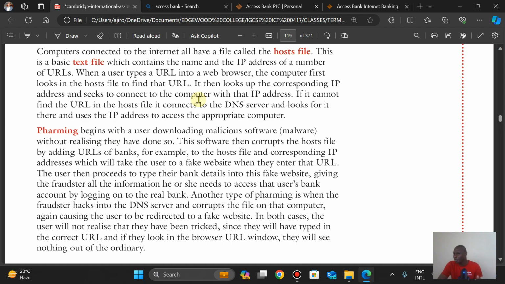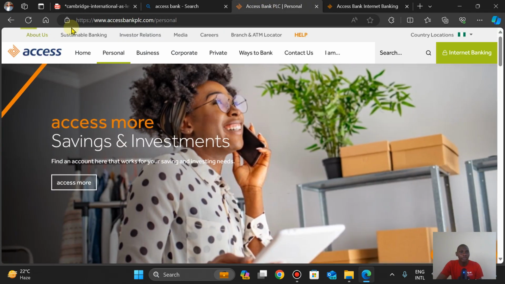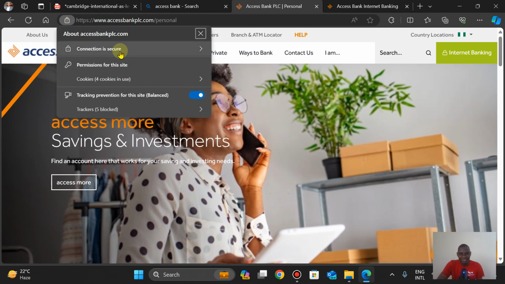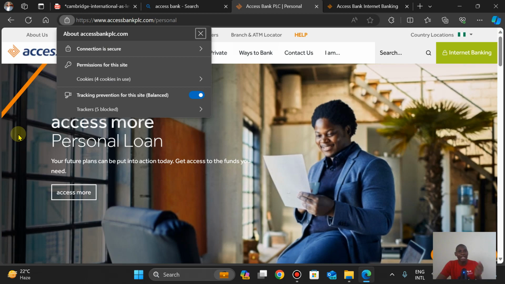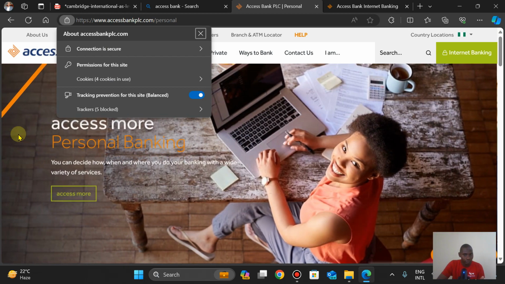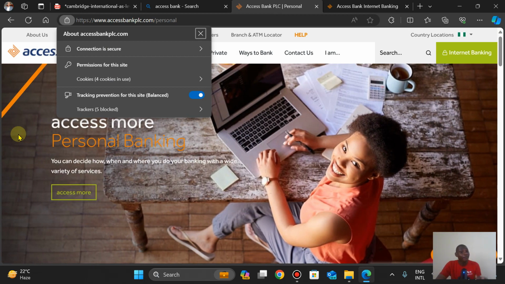So whenever you're going to a site, you have to check how genuine it is. Notice that there's a padlock. This padlock says the connection is secure. Most of these phishing sites are not secured, so you have to be careful.